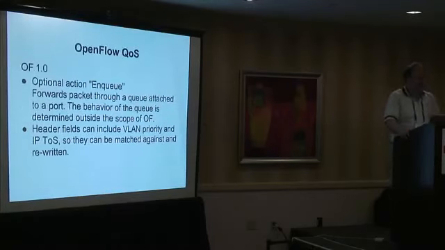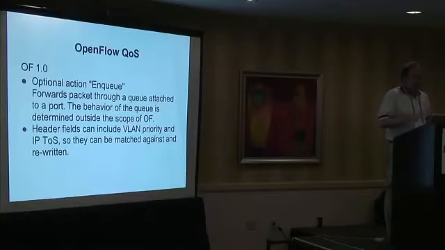OpenFlow quality of service. In OpenFlow 1.0, there were some really primitive quality of service features. There was an optional action. Remember, an action is doing something like output a packet. There was an optional action which was enqueue, so you could enqueue to a specific queue on a port. Outside of OpenFlow, maybe the manufacturer of the switch gives you the ability to define queues, and those queues have different queuing mechanisms, maybe rate limiting or whatever.